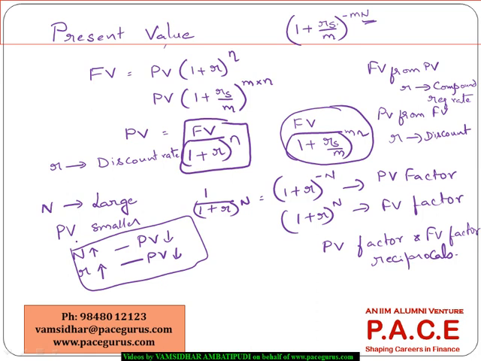So these are some of the important things as far as the present value of a single lump sum cash flow is concerned. The same logic I can apply to finding out the present value of a series of cash flows. And when I am talking of a series of cash flows, as we have defined earlier in future value also, we have situations of annuity and we have situations of uneven cash flows.